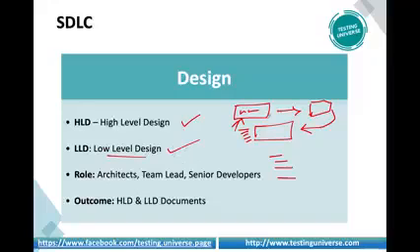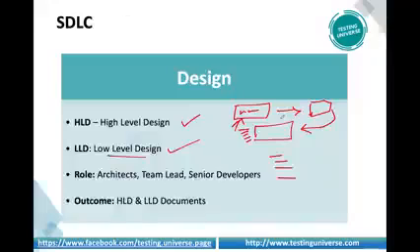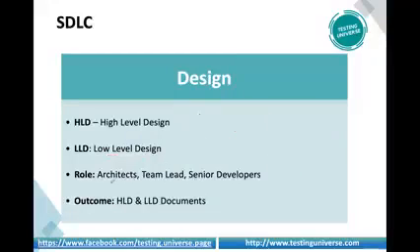We'll come to this. We'll take up an example of that inventory and billing software, and then we will understand this. So what all will be involved in this? The development architect from the development company.